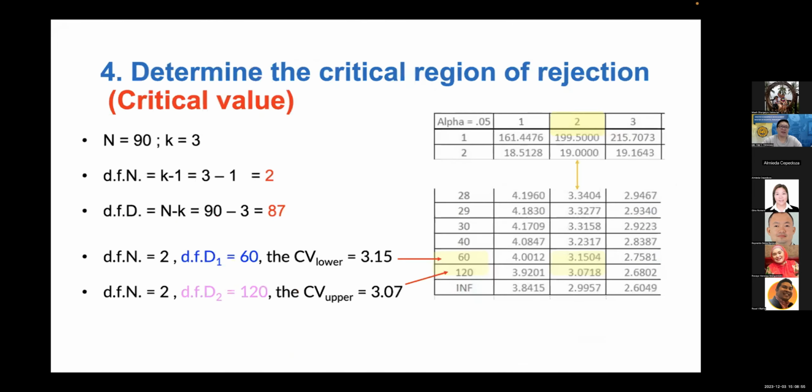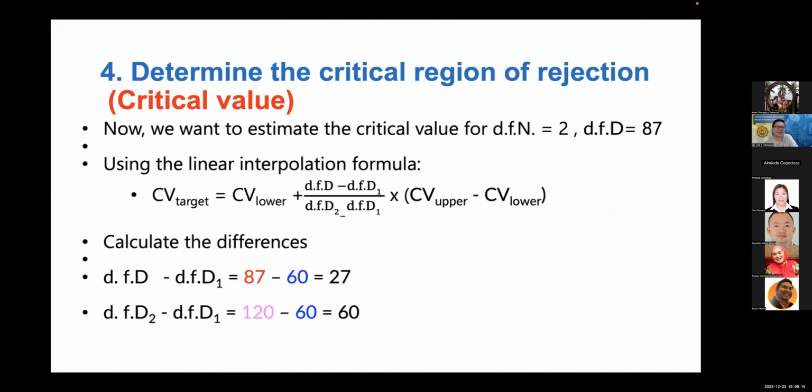So we have to compute it manually, by interpolating the data from the degrees of freedom at 60 and 120.